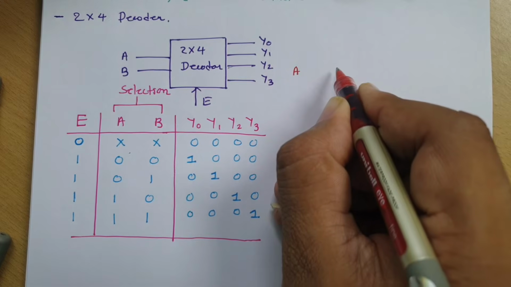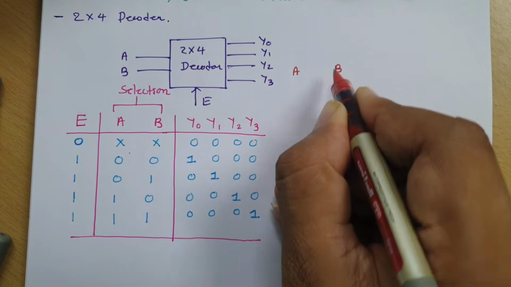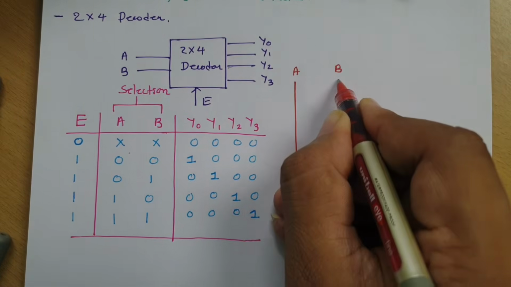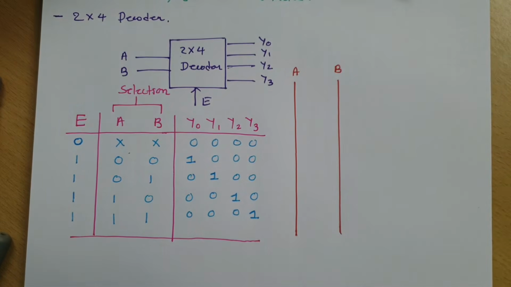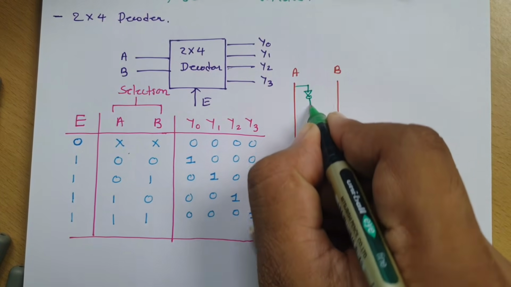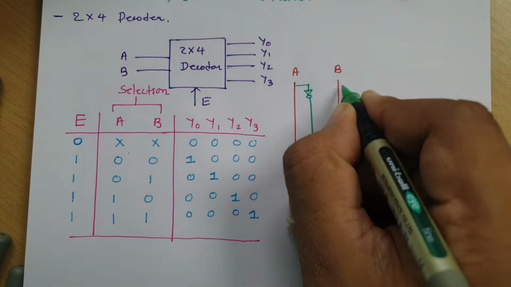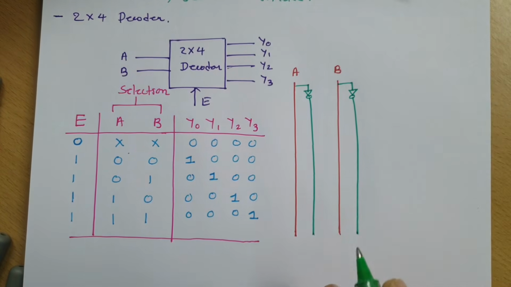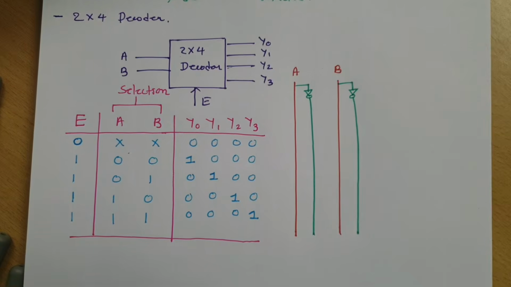Here we have selection line A and here we have selection line B, an active high line that I am selecting like this, right? And by this green color, I am connecting an inverter. So A bar and B bar by inverter, I am drawing this line. If you draw it in this way, you will find circuit drawing is easier.